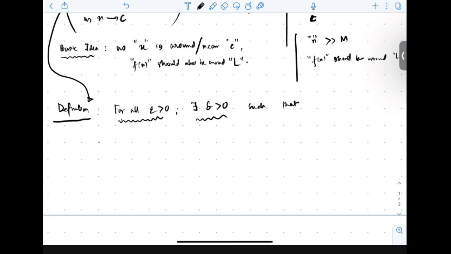Whenever mod x minus c is less than delta and greater than 0. Remember that greater than 0 is so important here, because it's not taking the value c.